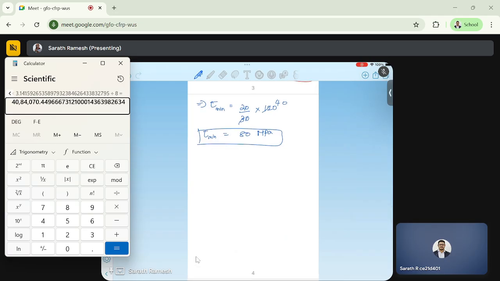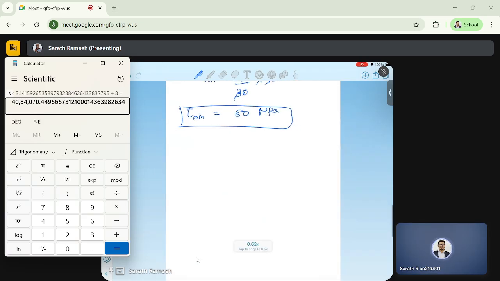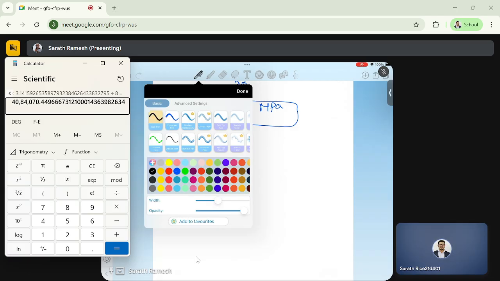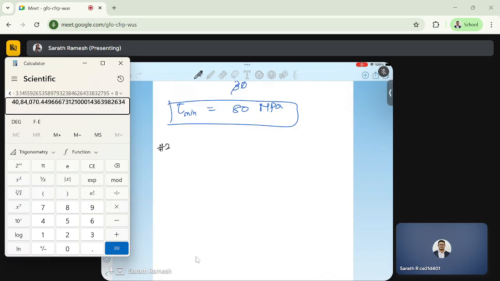Okay, let's move on to the next problem. Now it's a little interesting. Whatever we have seen is one of the basic problems. Let's go on to a little more complicated problem. Problem number two: we are given a series of shafts.